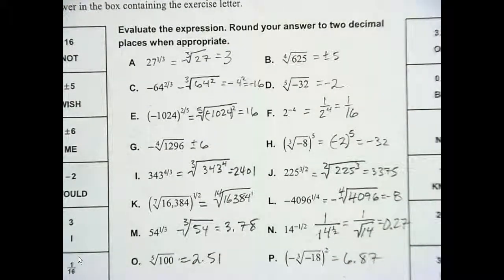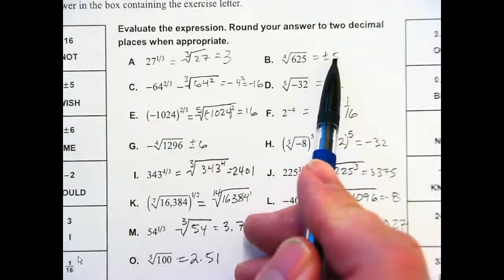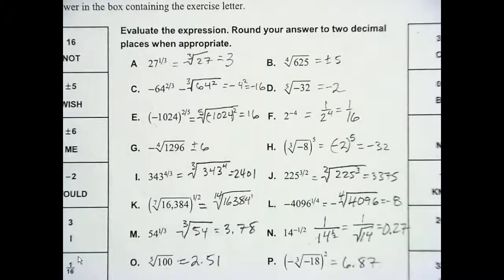I personally, anytime you're given an even root already on there, you generally just use the principal square root. So I would say that this is 5, and I would say that this is negative 6. However, that's not how this worksheet was taken into account. I'll probably change that in future years. Okay. Any other questions? Good questions there.